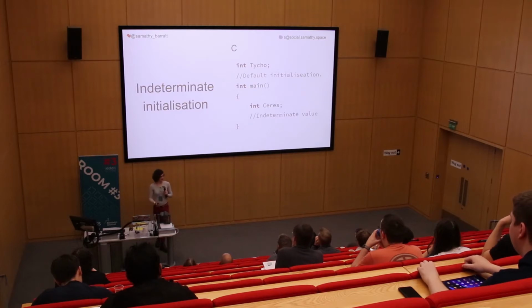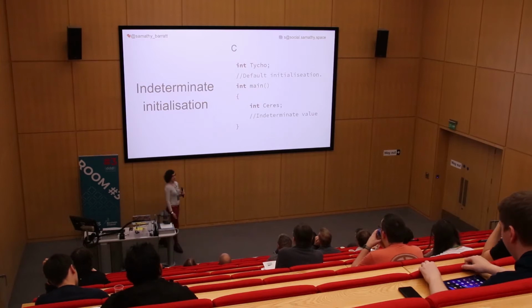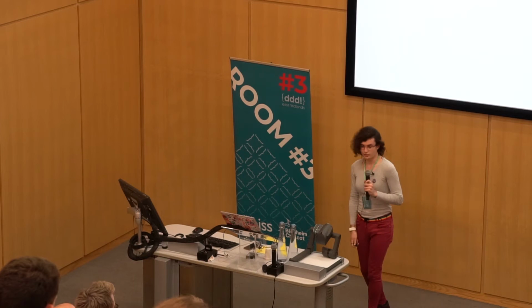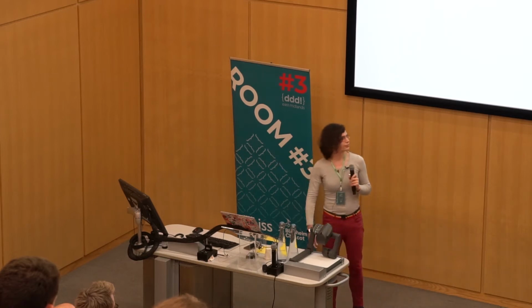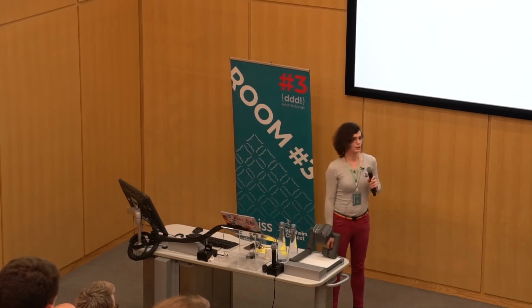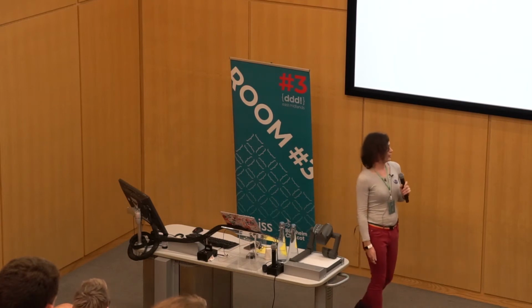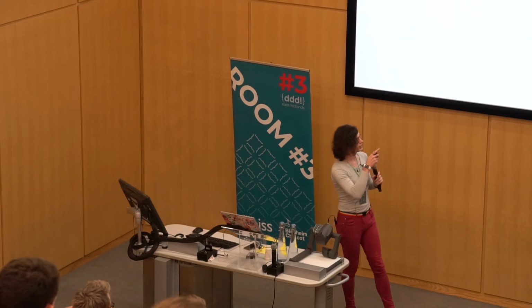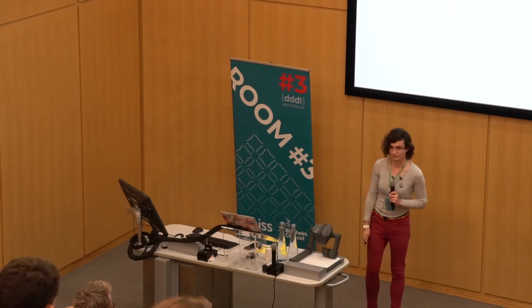C doesn't really guarantee that that integer is going to contain anything sensible. It doesn't say it will contain a 0. It doesn't say it will contain anything. It might contain, I don't know, some water. Who knows, right? It's indeterminately initialized, so it will contain just some garbage because we haven't given it a value to initialize it.